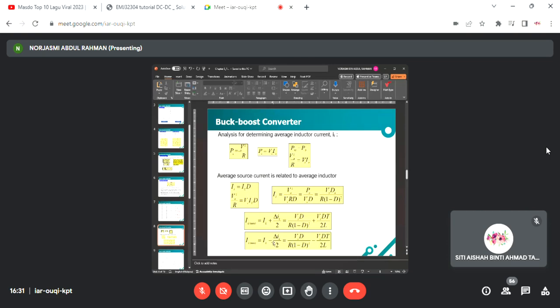Right, so in this case, this is the DC component of the converter. So we have VS D divided by R times 1 minus D squared, plus VS D T divided by 2L. Right, so this is the DC component and this is the AC component.